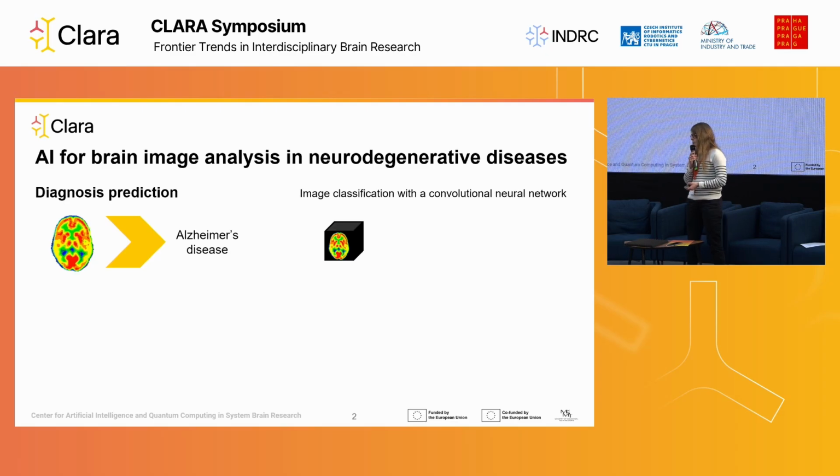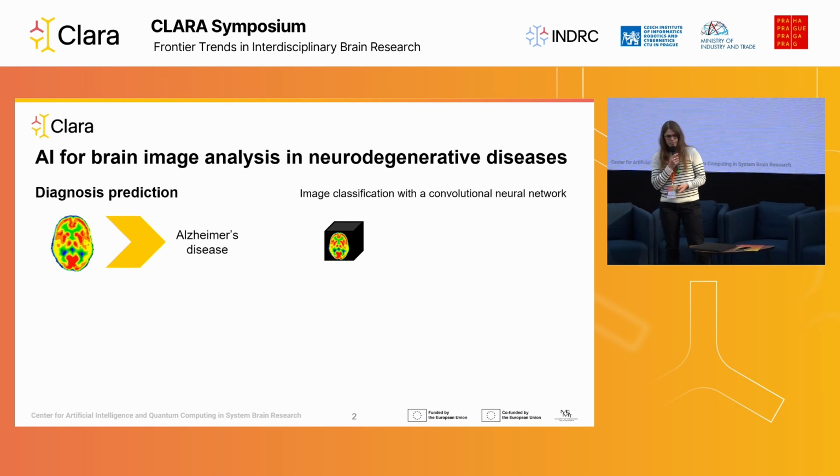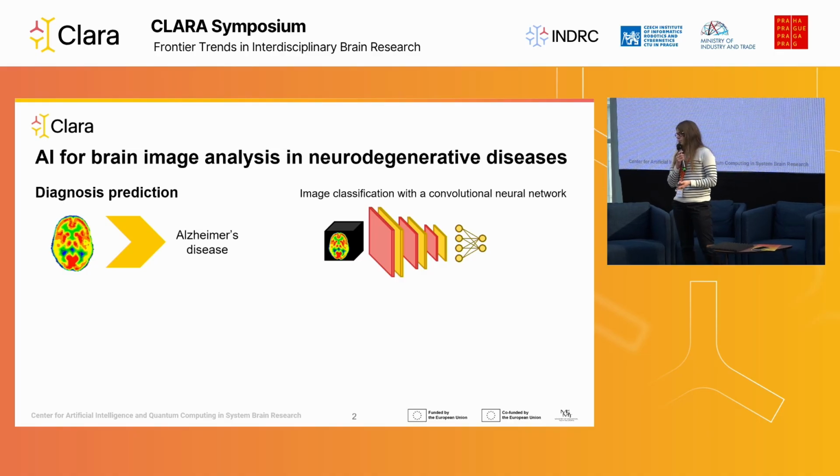Here is an example of a positron emission tomography scan, a PET scan, that shows you the brain metabolism, how much sugar the brain is using. We can feed this type of image to a convolutional neural network that will output a diagnosis: Alzheimer, no Alzheimer.